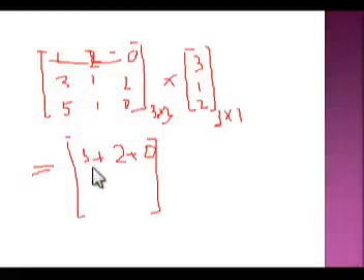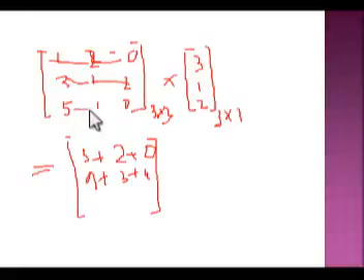Again, for the second row, we take the second row and the first column. So it will be 3 times 3 is 9, plus 3 times 1 is 3, plus 2 times 2 is 4.